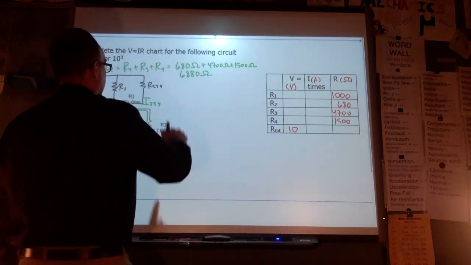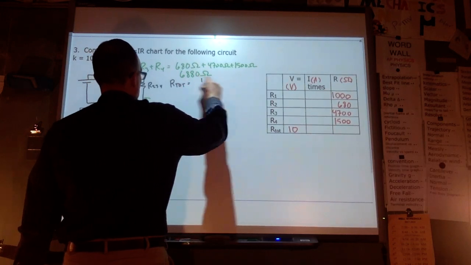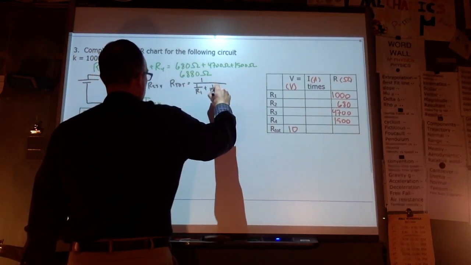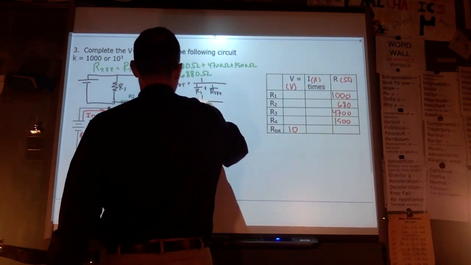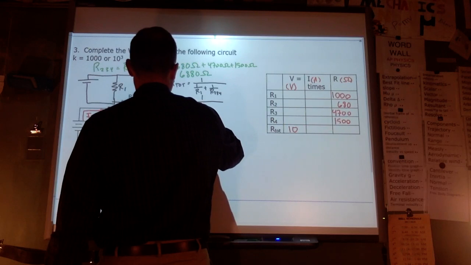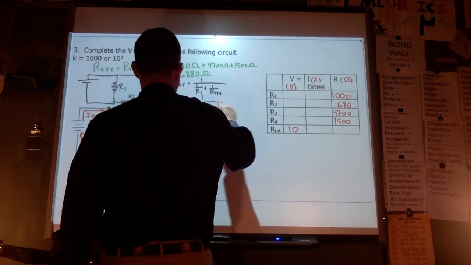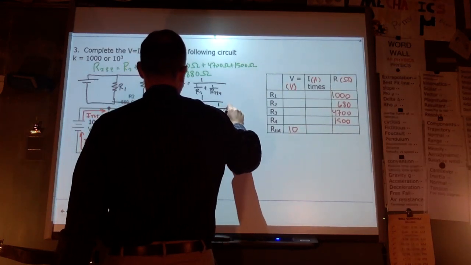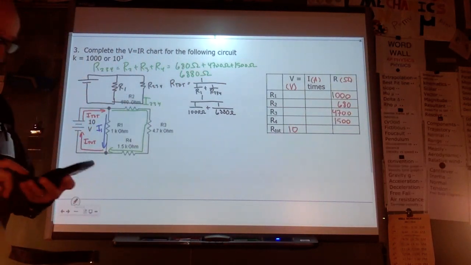So for this, I'm going to say that 1 over R total is 1 over R1 plus 1 over R2,3,4. So this is 1 over 1,000 plus 1 over the equivalent, the one that could take the place of R2, R3, and R4 together.